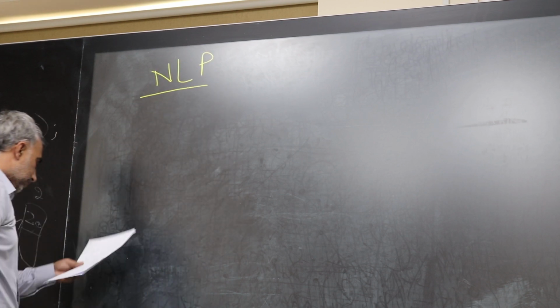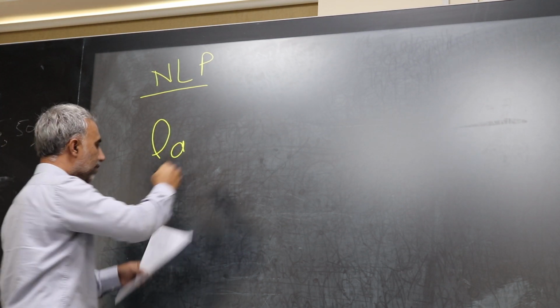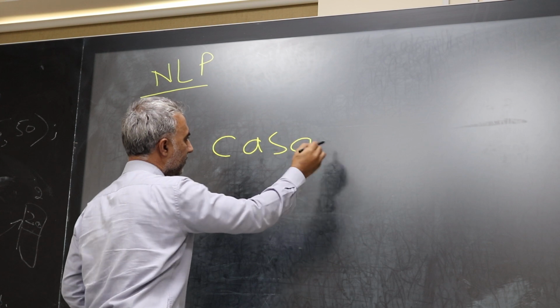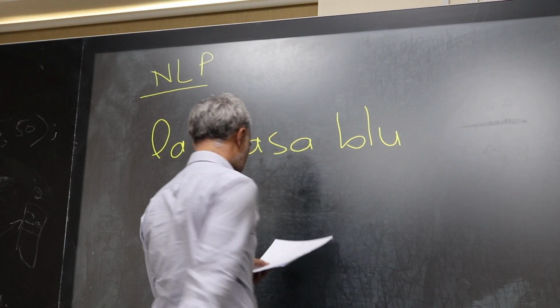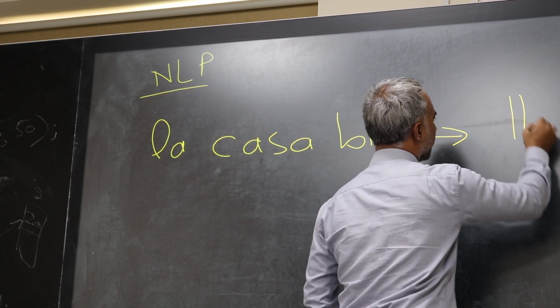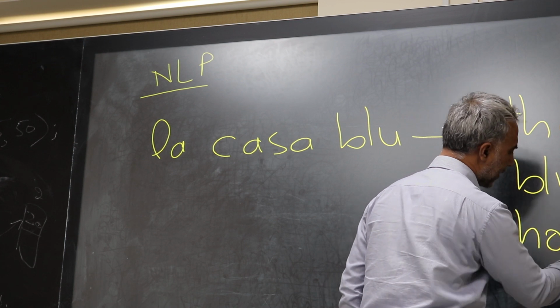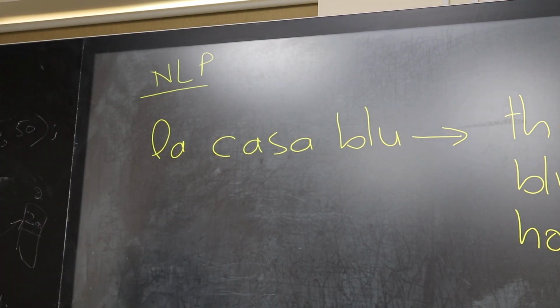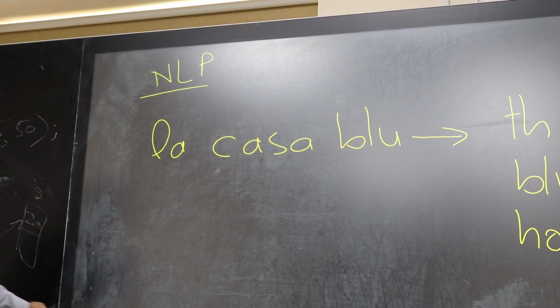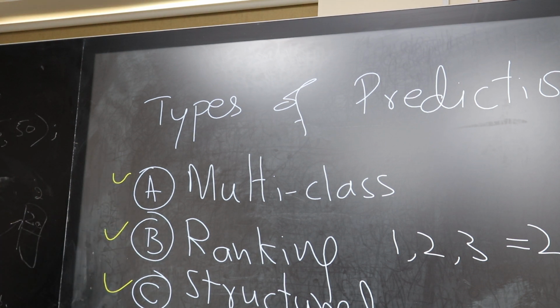For example, in some situation you say La Casa Azul, the predictor predicts this is the blue house. Translated, structured, NLP, natural language processing. So there are basically A, B, C, 3 types of classifications you need to do.